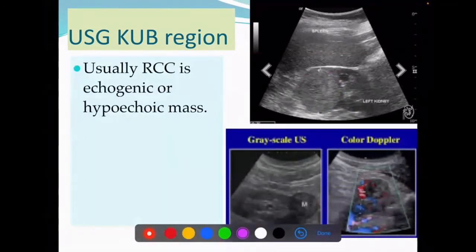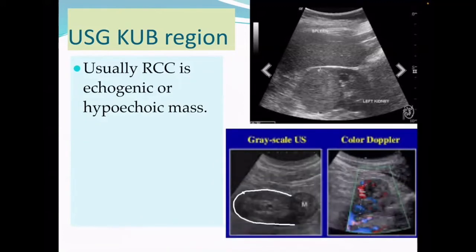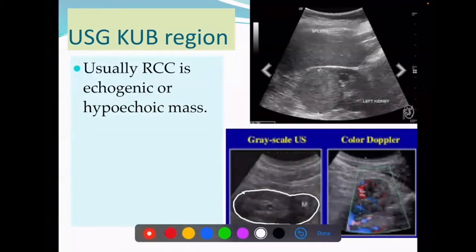See over here, this is again the outline of the kidney. You can see central whiteness. The central whiteness indicates the normal calyceal system. The cortical thickness is okay. You can see at one pole a round, mixed echogenic or hypoechoic mass. And in the same patient, when we use Doppler, it gives an idea about the vascularity.